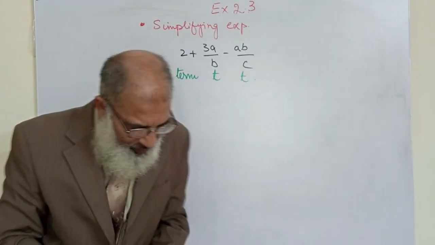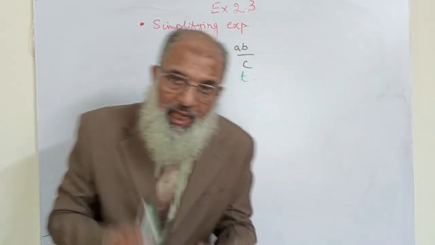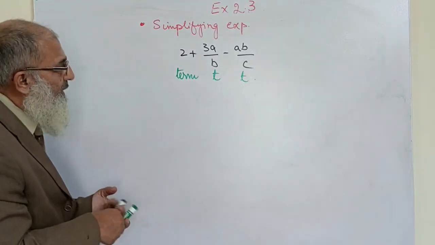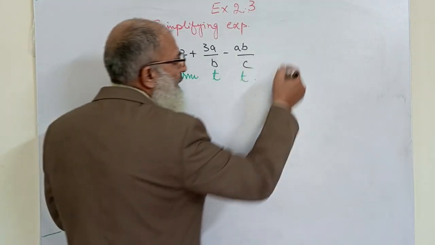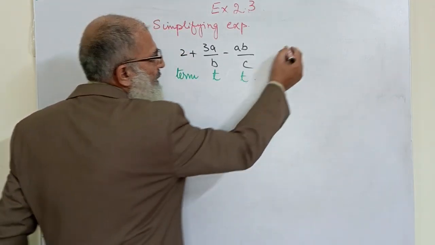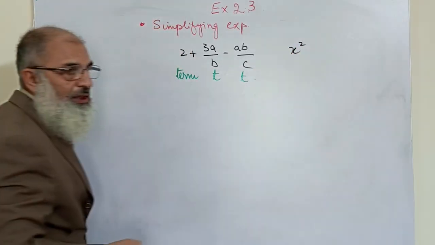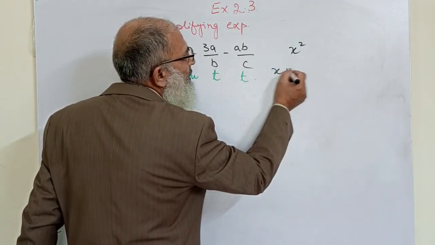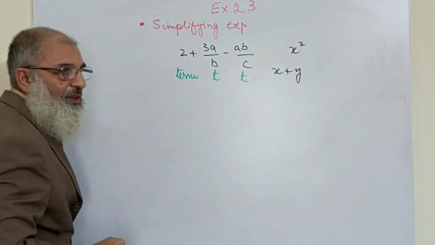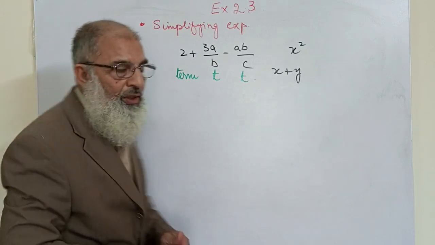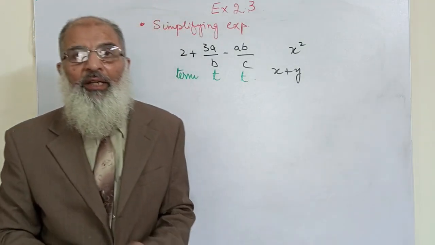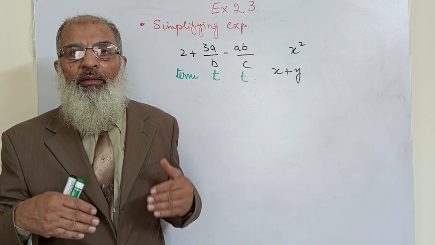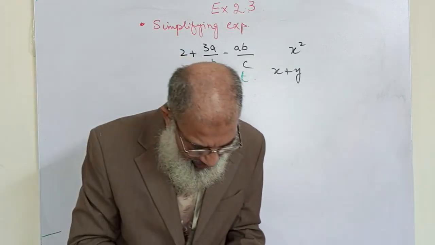Now there are some examples that have only one term, like what I told you in my addition example, that this is a one-term expression, this is a two-term expression. So there can be one term, there can be two terms, there can be three terms, or there can be more than three terms.